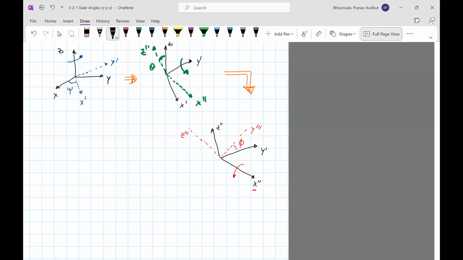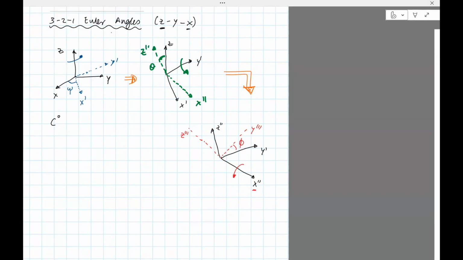Okay, so let's see what's going on. Say you have a position vector C0. It undergoes a rotation to C1 in the first transformation, then goes from C1 to C2 in the second transformation, then from C2 to C3 in the third transformation.